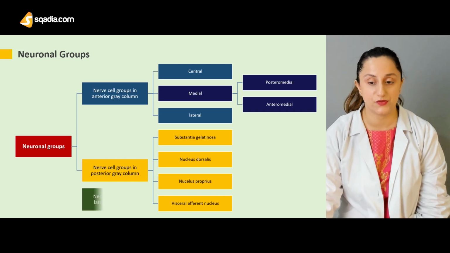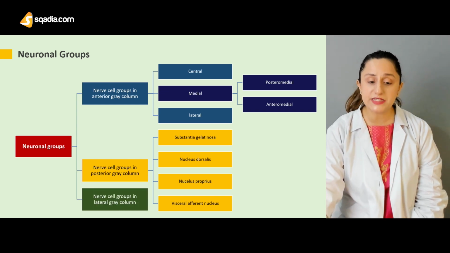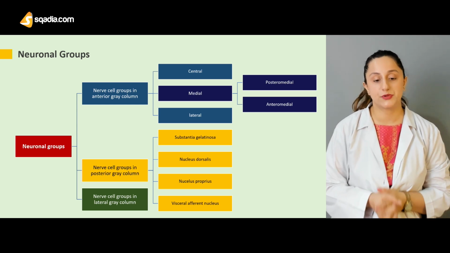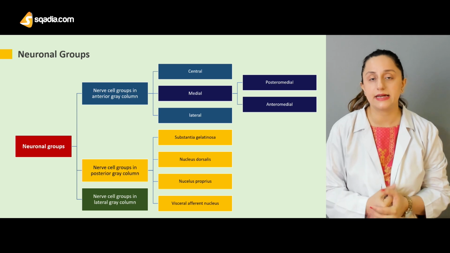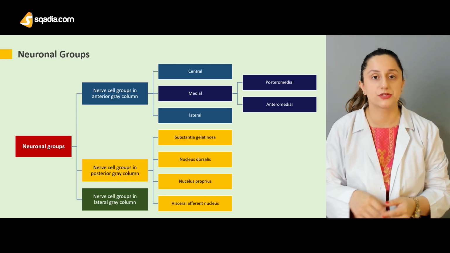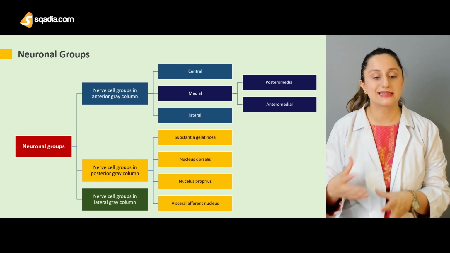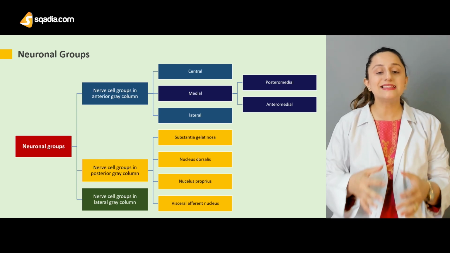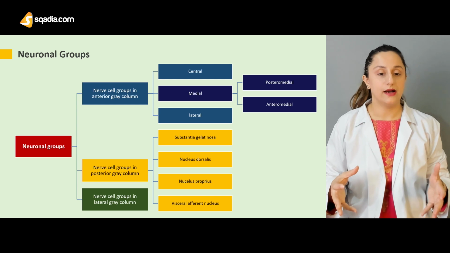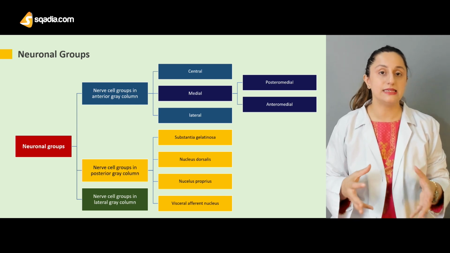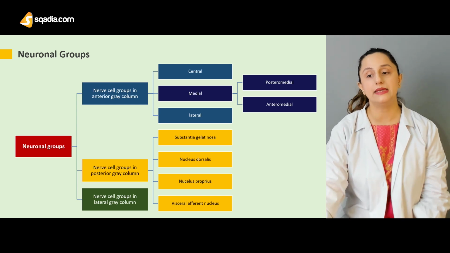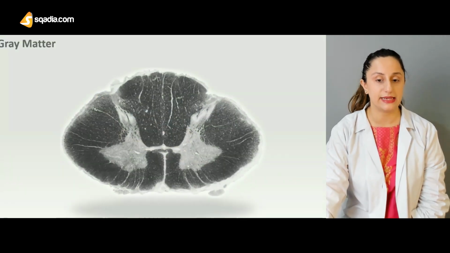The nerve cell groups in the lateral gray column are also present, but they're not subdivided because it is a smaller column compared to the anterior and posterior gray columns. So this is the general organization when we divide the cellular groups into the gray horns, mainly the anterior gray horn and the posterior gray horn.